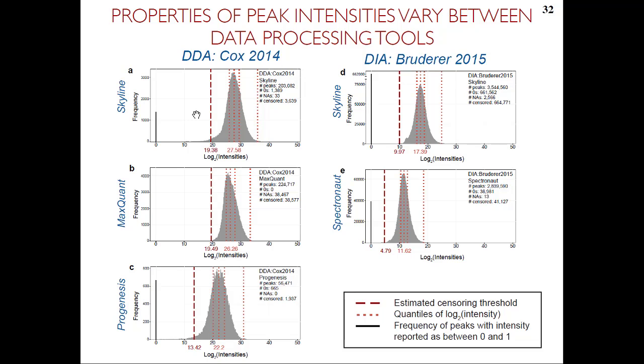Call them 0, NA, small value, whatever you want, we don't trust them, because presumably they're too close to the limit of detection, limit of quantification to be reliable. This cutoff is completely empirical: we find the 99th quantile here, find the median, calculate the distance, and flip it to the left, just by assuming the symmetry of this distribution.